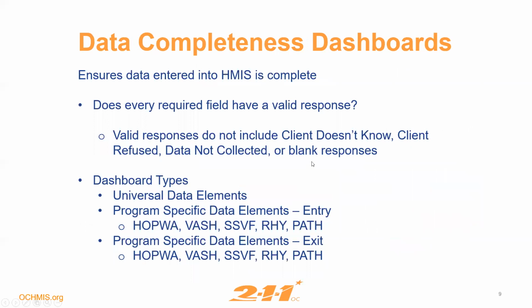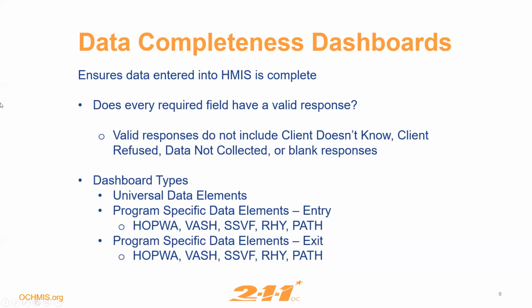So the next dashboard that we created was a data completeness dashboard. So this is specifically looking at, is a field filled, yes or no? So that's kind of the difference between the two, and why we also have a data accuracy dashboard, since not only is it important to see that data is entered, but that it's entered correctly.